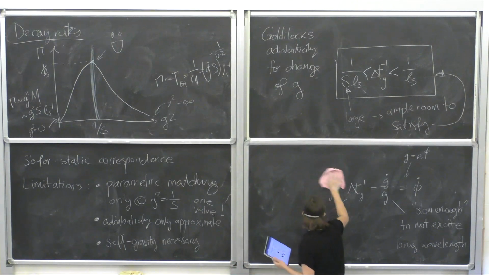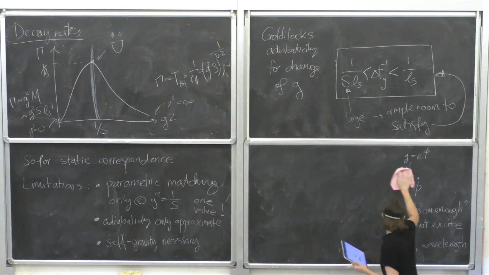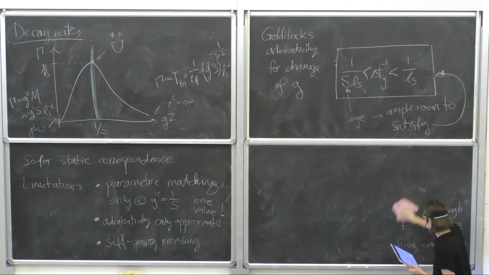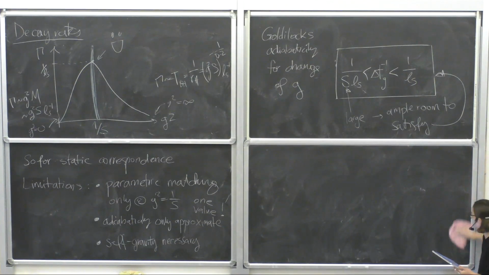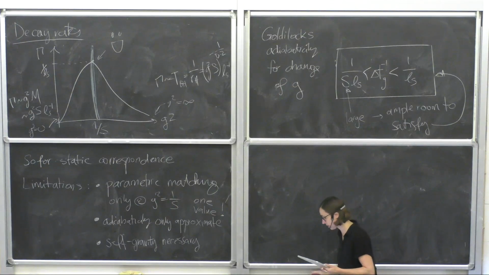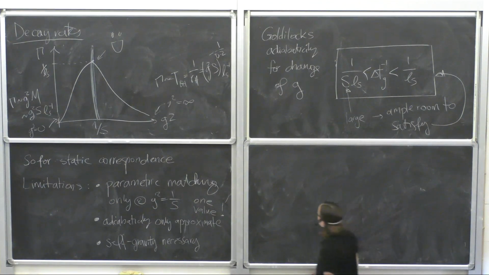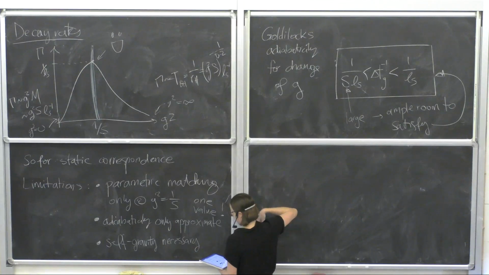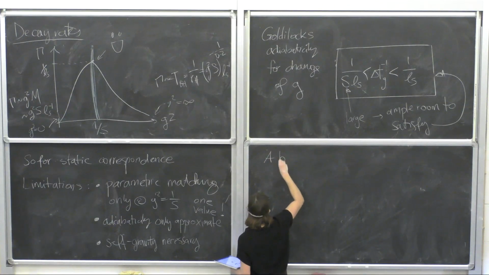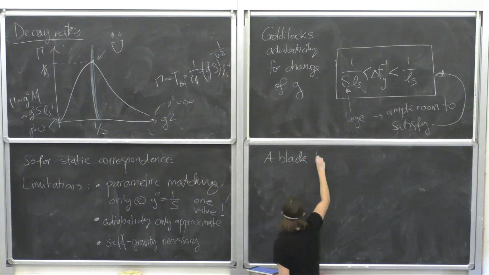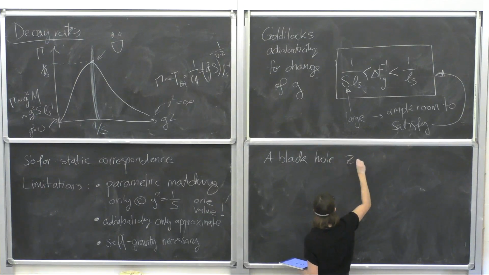If you want to make the black hole string correspondence work, it needs to work not only for static black holes, but also for rotating ones. And so we have to resolve these puzzles. Otherwise, it doesn't work.